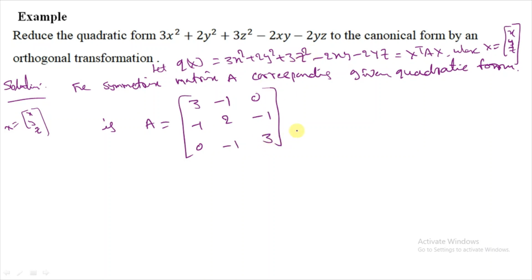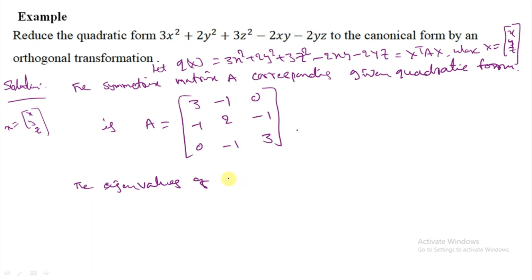That is the symmetric matrix. Now find the eigenvalues. Already we know how to find the eigenvalues and eigenvectors. I'm not finding them, I'm writing directly: find the characteristic equation and find the roots, they are the eigenvalues.